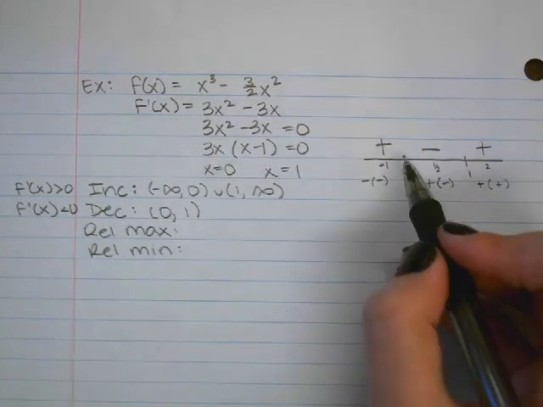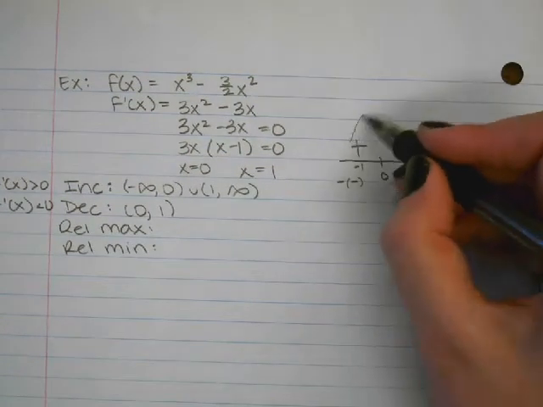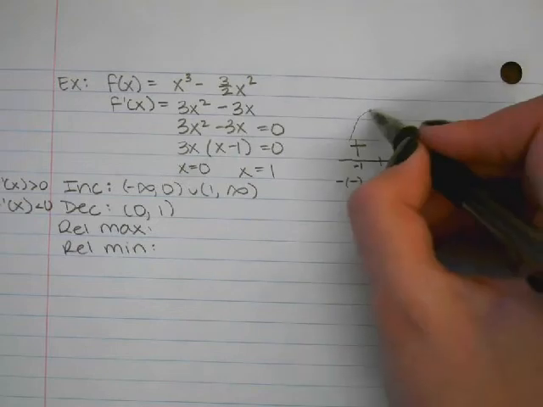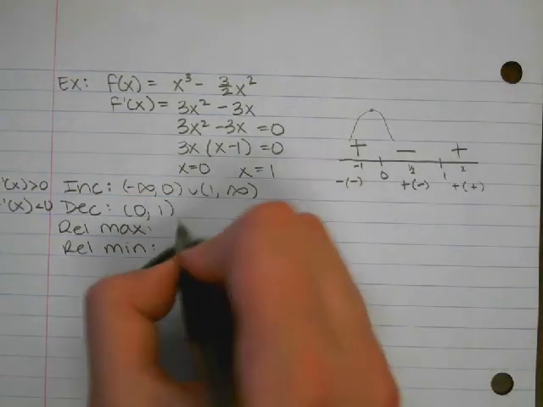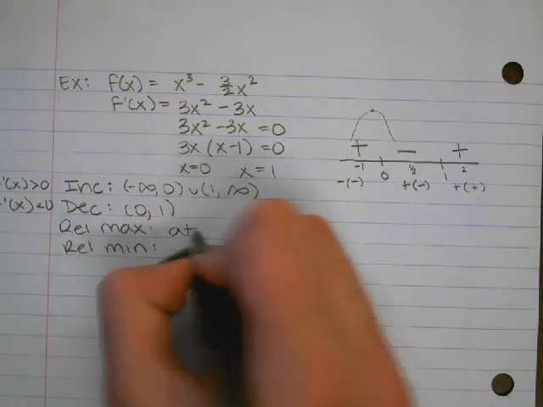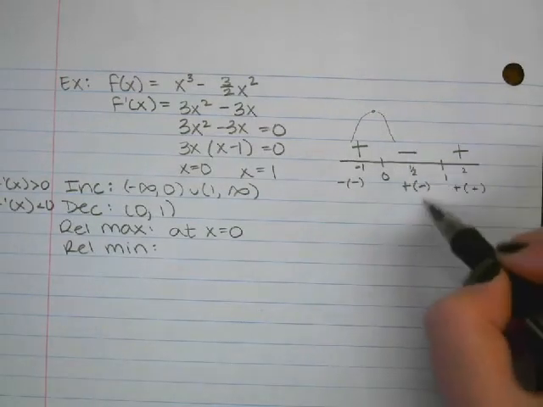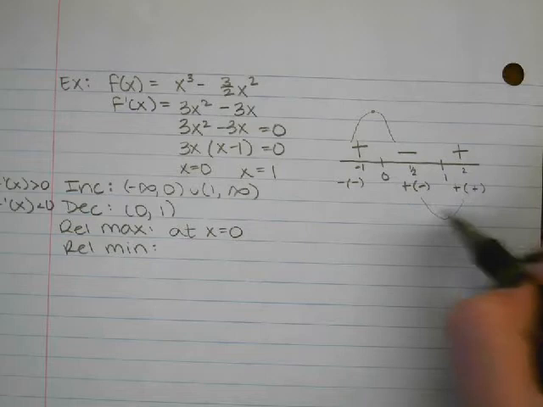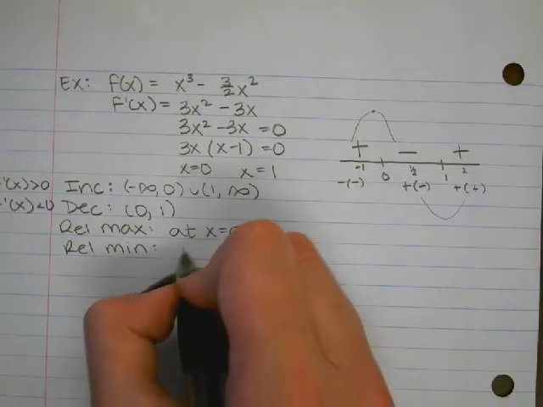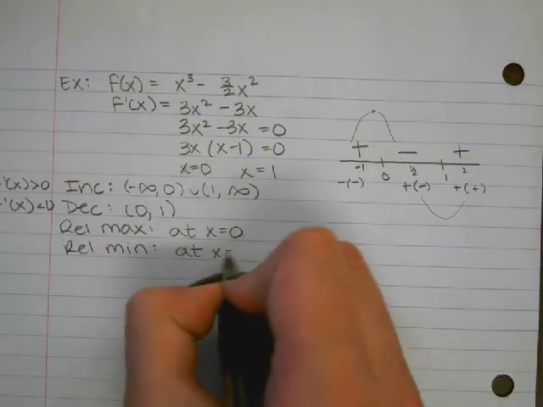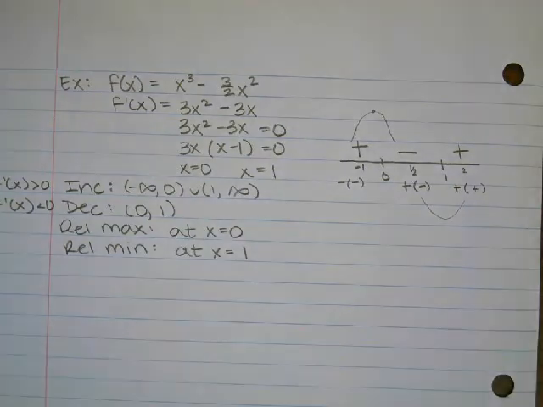Okay, so here we switch from increasing to decreasing, so that's a maximum. So our max is at x equals 0, and then our minimum switches from decreasing to increasing, and so we're going to say that is at x equals 1. All right, and again, if I wanted to know the x and the y coordinate of those, I would plug those into the original equation.